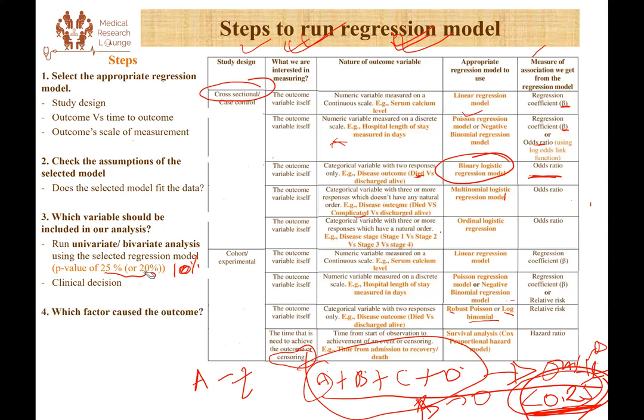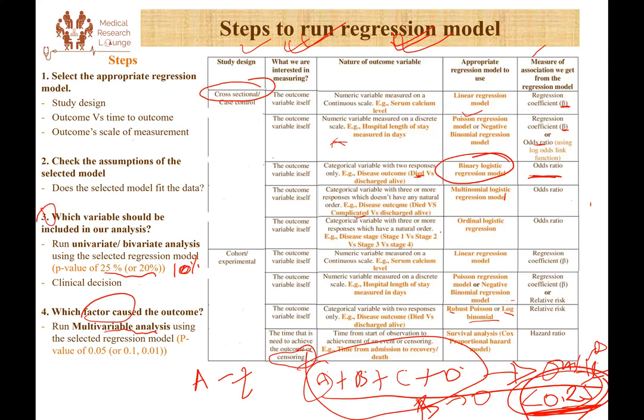So finally, we want to know which factor or factors caused our outcome. That means we are going to run our final regression analysis using the right regression model, what we call multivariable regression analysis. Multivariable means we're including many variables in our study, which are selected based on step 3.